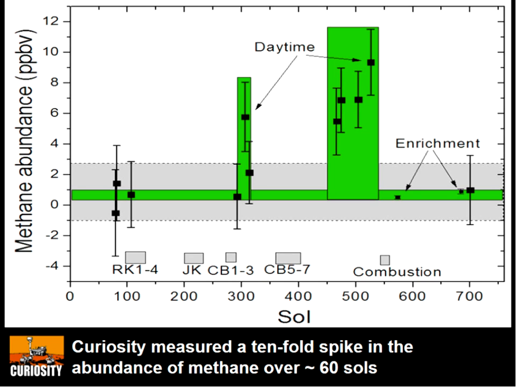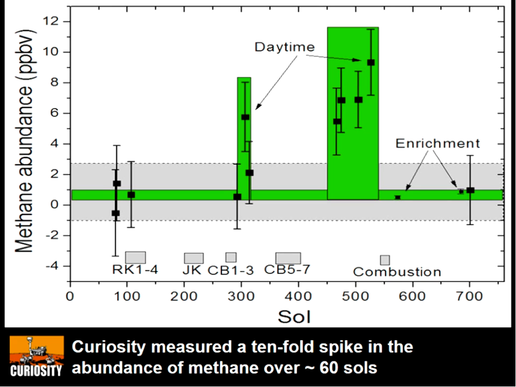And you can see in the early days, around Sol 100, we were measuring things that we couldn't tell were any different from 0. So even though the measurements may have been slightly above 0, the error, which is shown by the lines above and below each point, the error was such that it was basically the same as measuring 0. So we weren't sure.